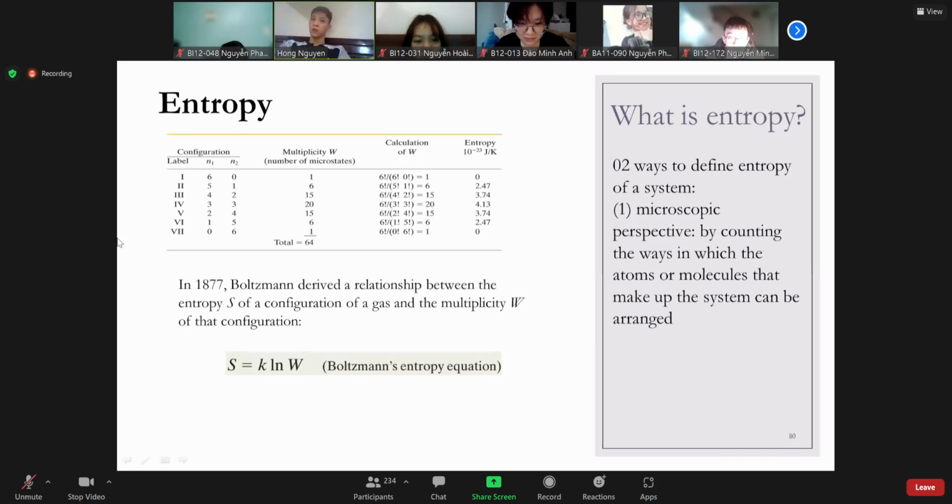So the configuration having the highest probability to happen, in which the system will be most of the time, also has the highest entropy.